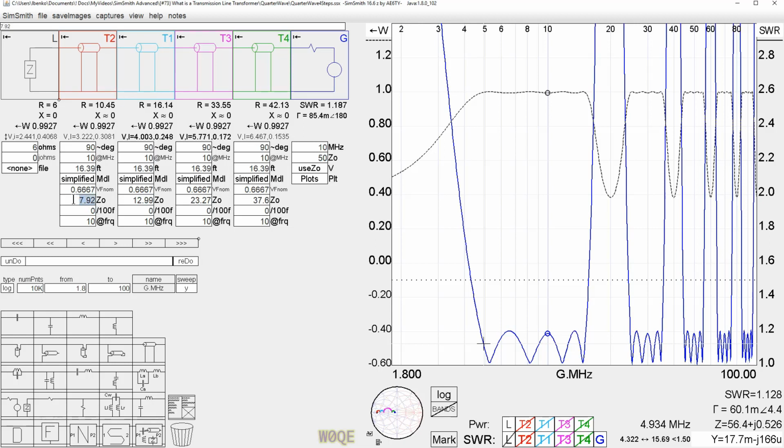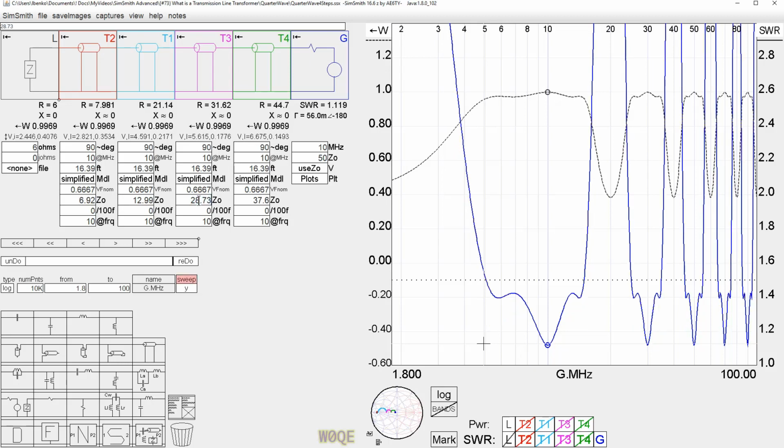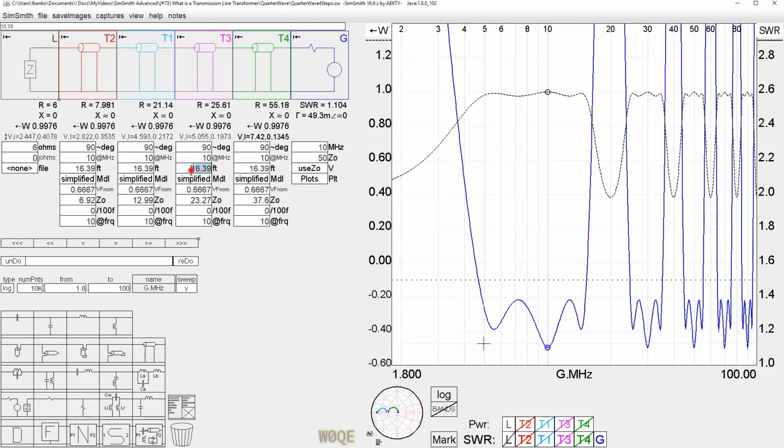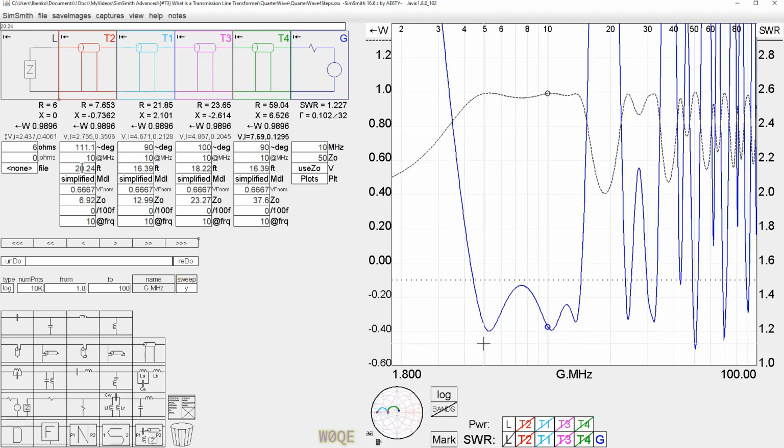We could set this, say, this is only 6 ohms instead of 8 ohms, and another one is a different impedance. We can change the lengths somewhat and play around. It's pretty interesting, but you can get a pretty good match range with a little bit more flexibility in impedance ranges for the transmission lines than you might have otherwise thought.